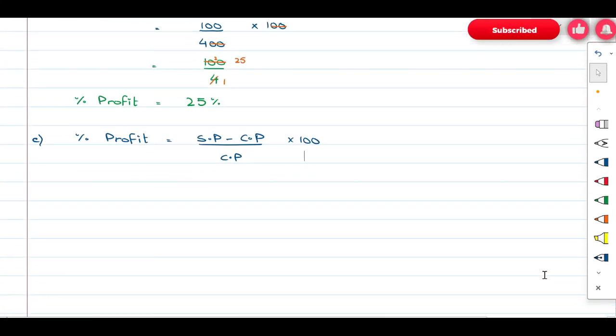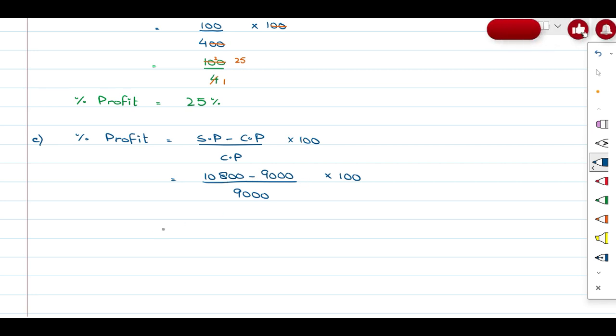Okay, this is 10,800 minus 9,000, divided by 9,000, multiplied by 100. Okay, from 10,800, if you take away 9,000, this is just 1,800 left, divided by 9,000, multiplied by 100.